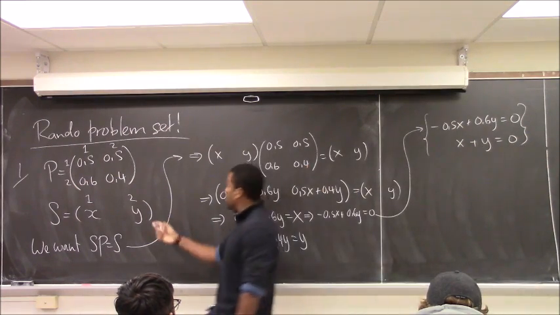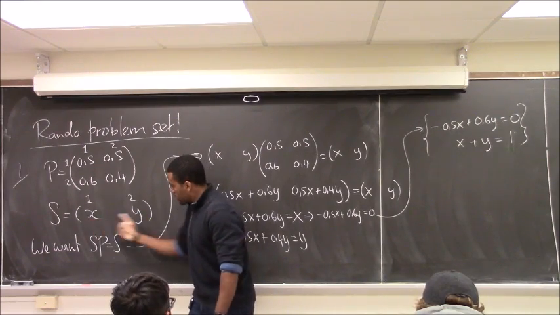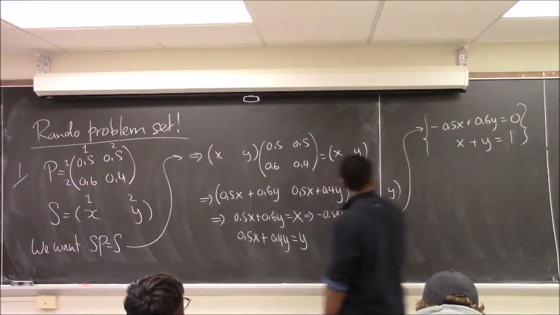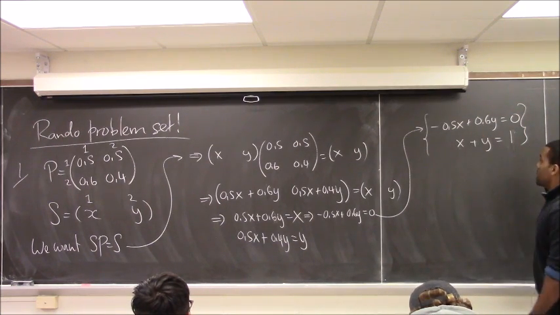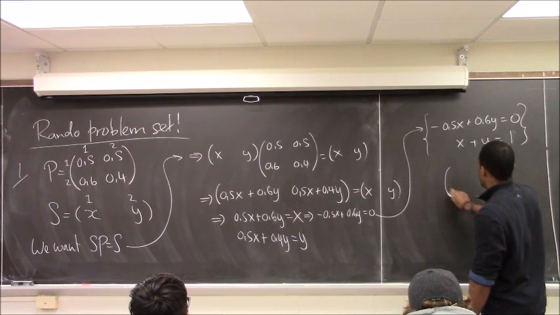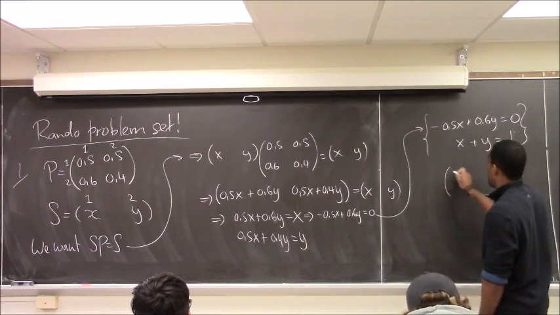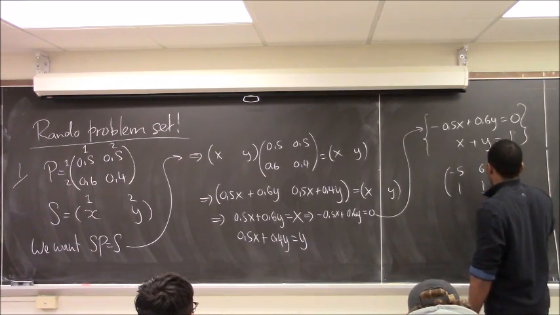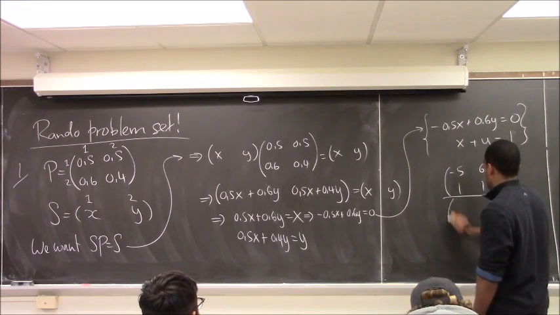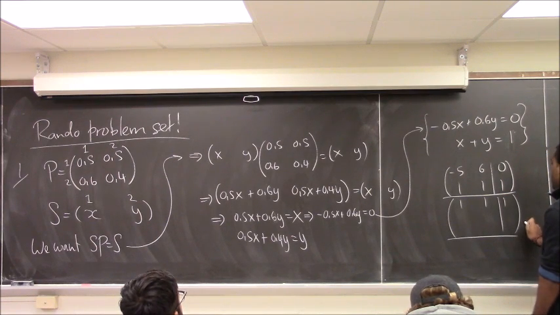Because these guys are probabilities, they represent all possible situations, and so the sum of the probabilities must be 1. Now I just need to solve that. I can multiply the top equation by 10, and the bottom equation stays the same. Then I can take 5 times row 2 plus row 1.